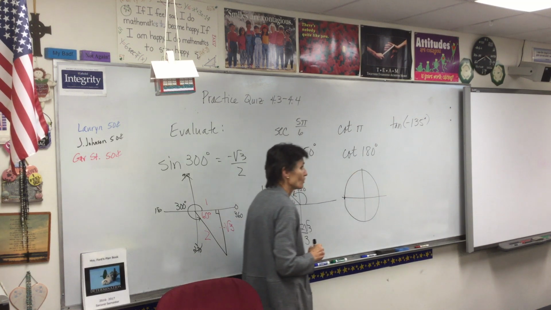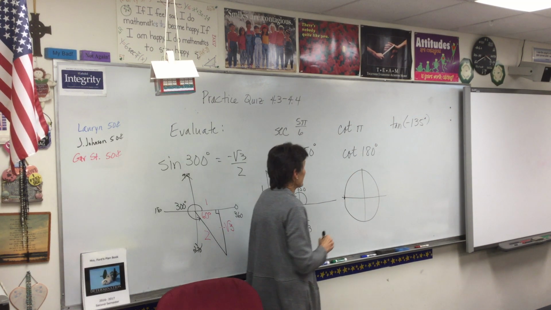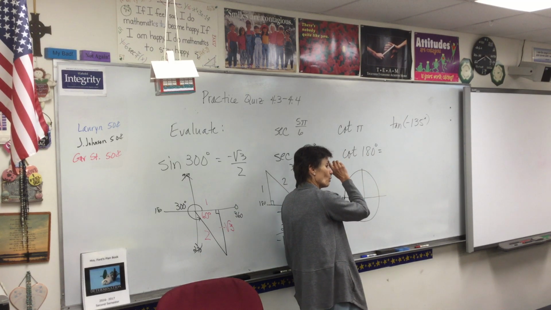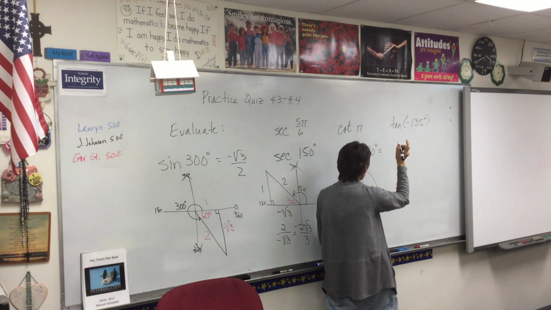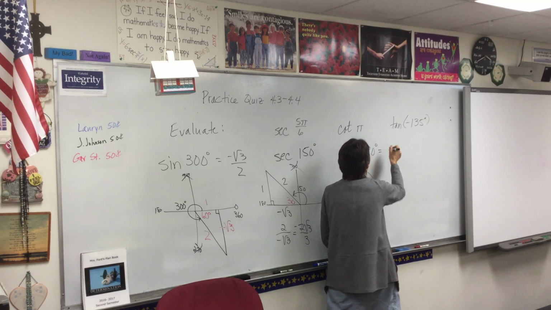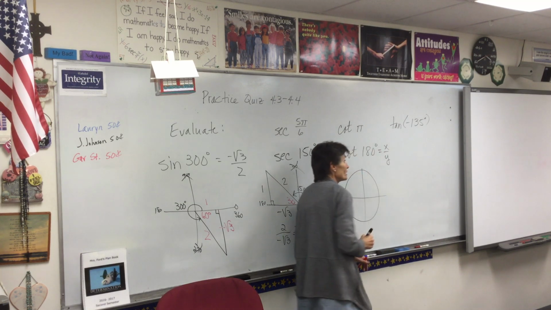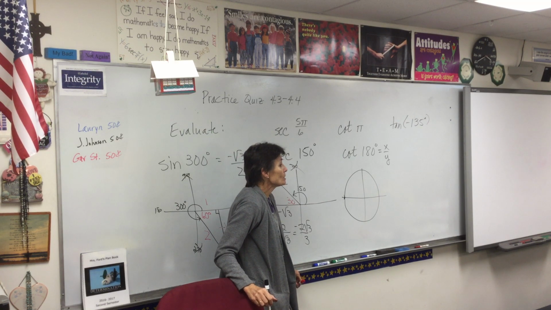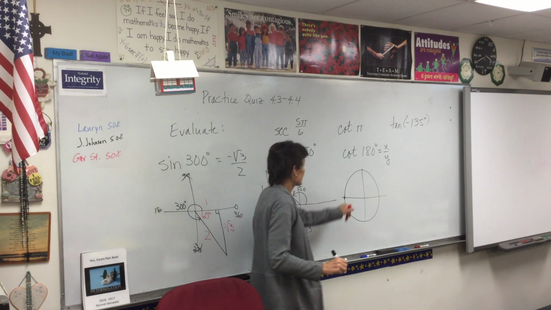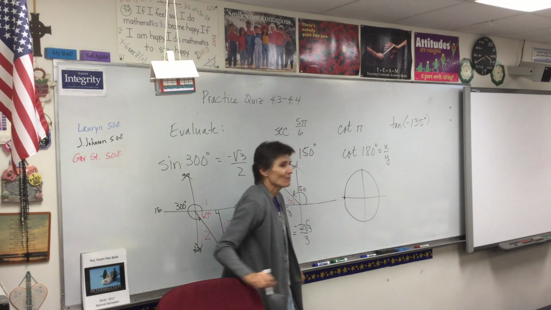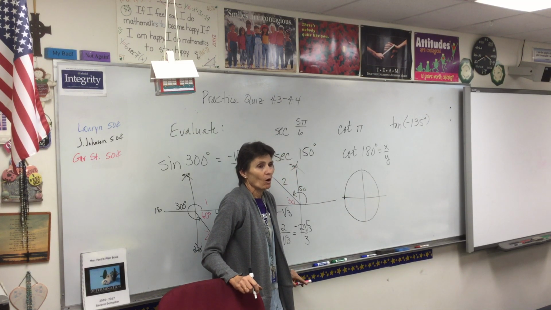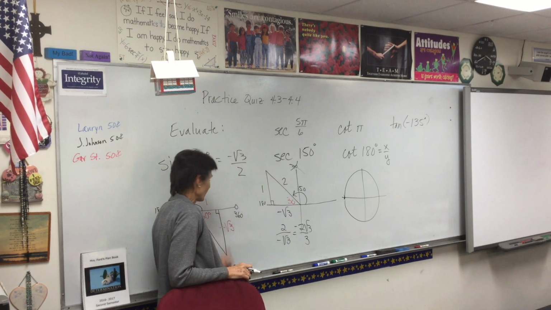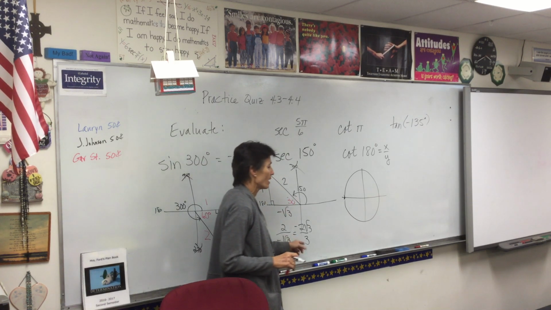We're going to draw a circle and use our circular definition, which for cotangent, anybody know it? X over y. Cotangent is x over y. You can't do SOHCAHTOA because there's no triangle for an angle that's on an axis. You can only do triangles when they're sticking out like this, not when they're right on the line.